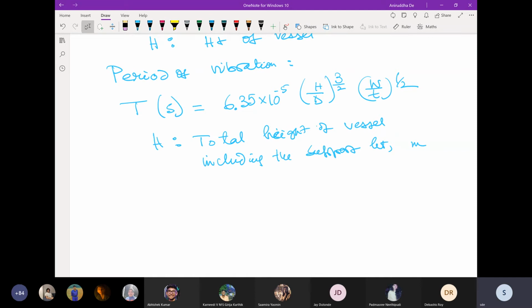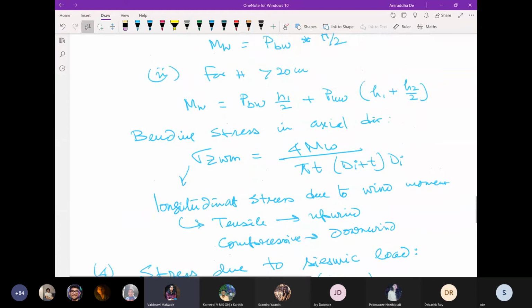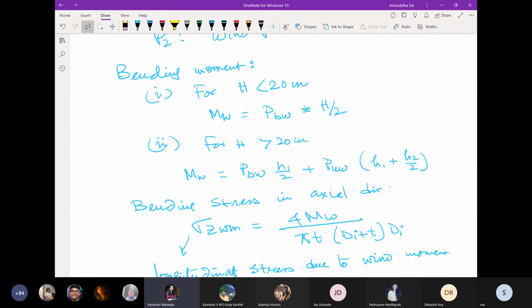Sir, while calculating bending moment, what was H1 and H2 in the second part? For the second part, H is greater than 20 meter. MW is PBW into H1 by 2.